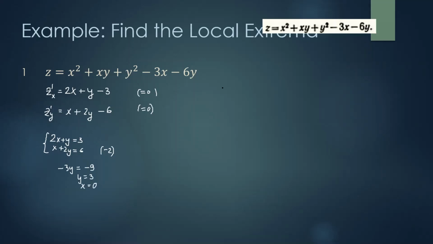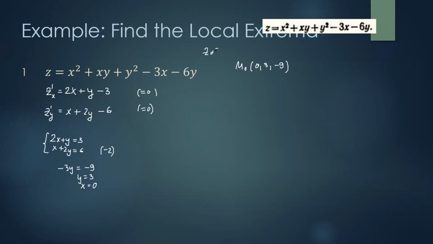So our critical point is 0, 3, and the function value would be 0 here, 0 here, 9 here, 0 here, and minus 18 here. 9 minus 18 is minus 9.